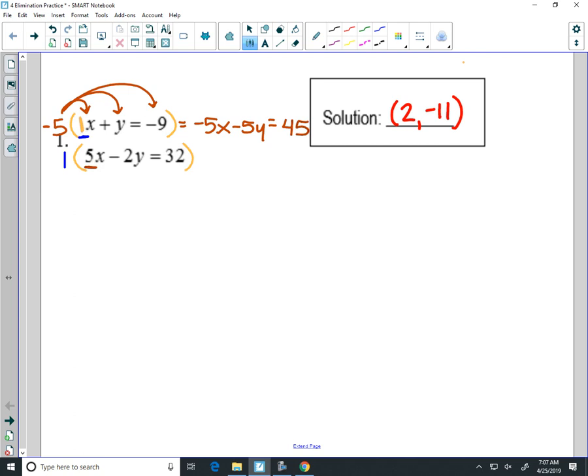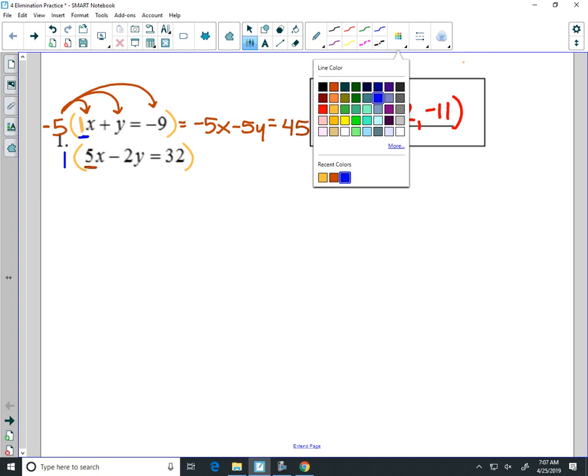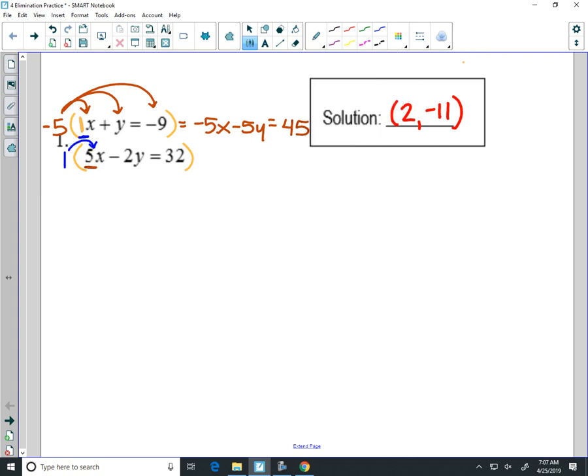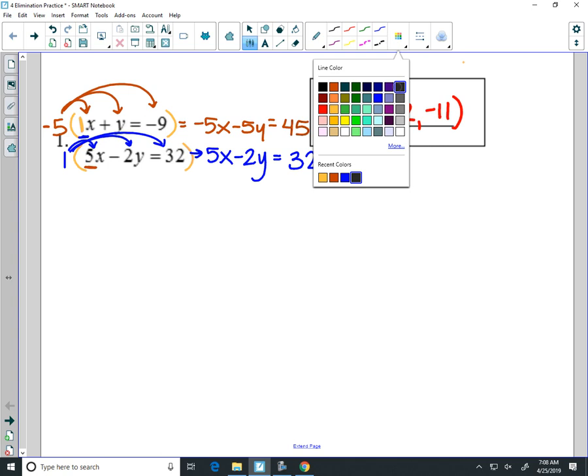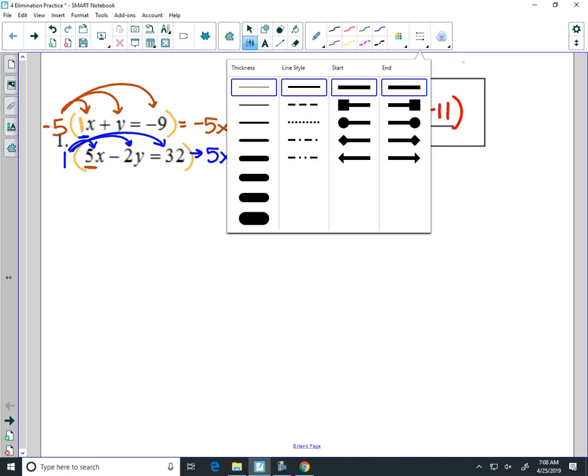And I'm going to do the same on the bottom. 1 times 5 is 5x. 1 times negative 2y is negative 2y. And 1 times 32 is 32. So multiplying through that 1 didn't really do anything, but that's all right.